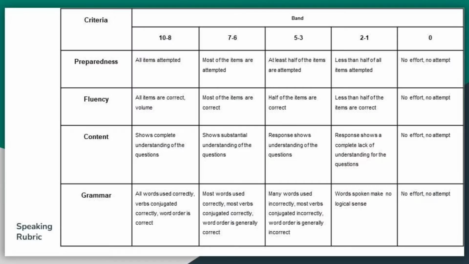There are 5 bands that students will be assessed to. In the speaking rubric, there are 4 criteria: preparedness, fluency, content delivery, and grammar. In the speaking rubric also there are 5 bands that students will be assessed to.